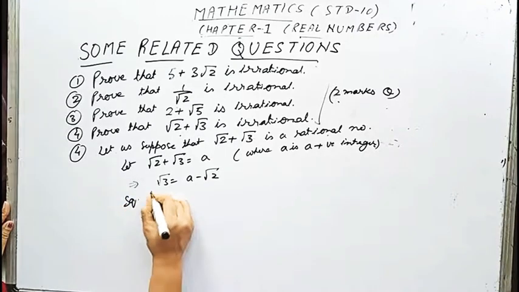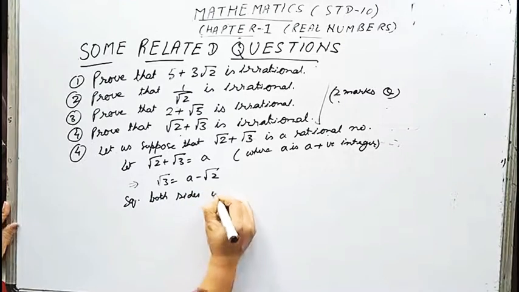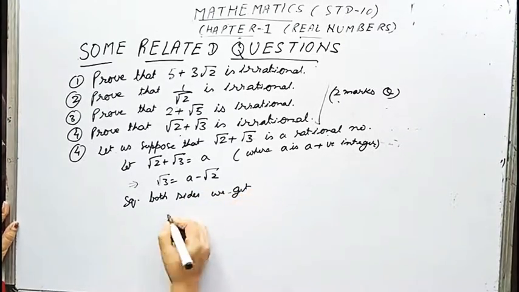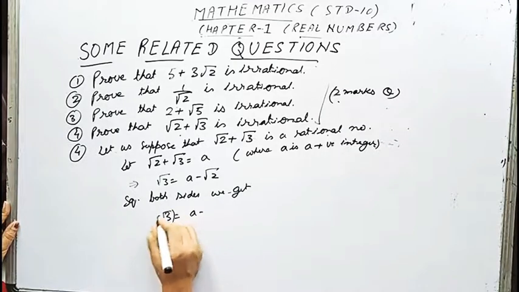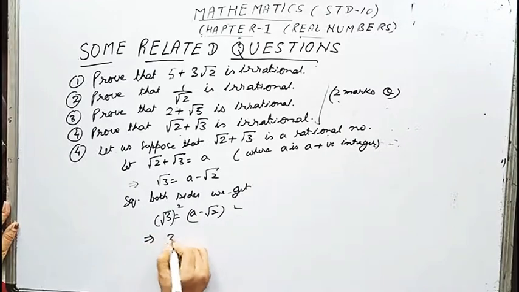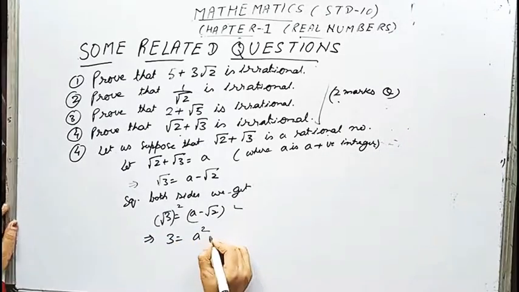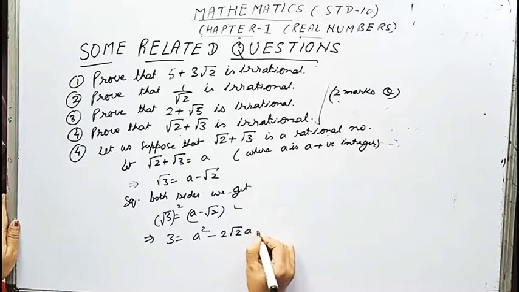So this implies root 3 equals a minus root 2. Now squaring both sides, we get root 3 square equals a minus root 2 square. So this implies 3 equals a square minus 2 root 2 a plus 2.